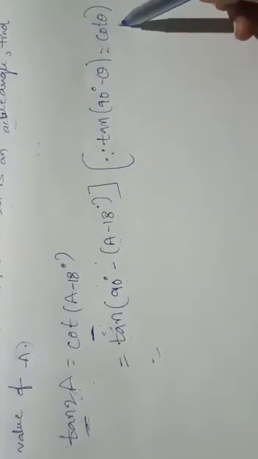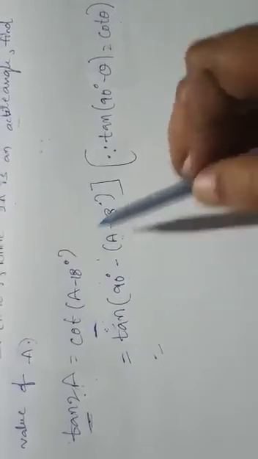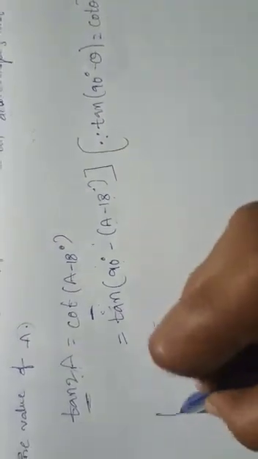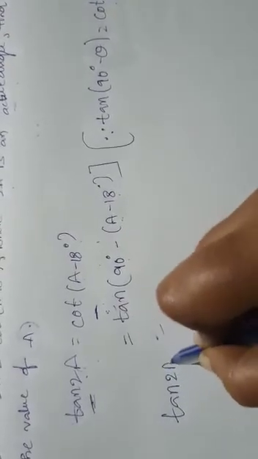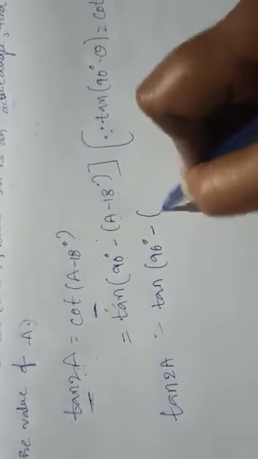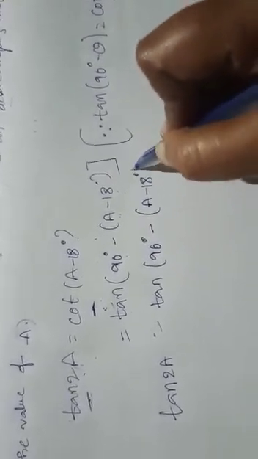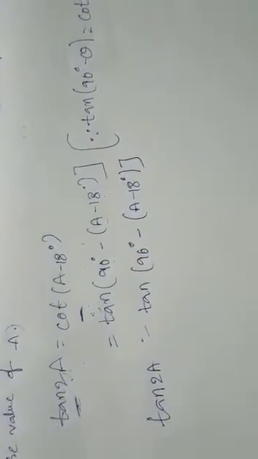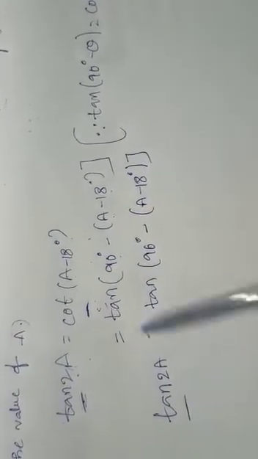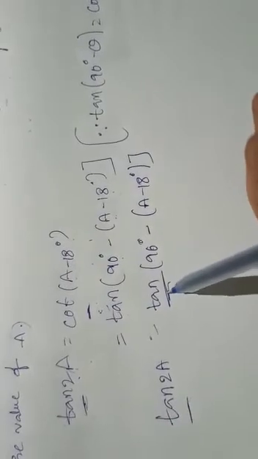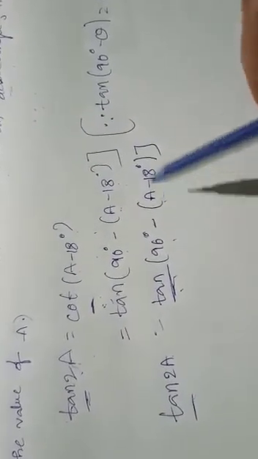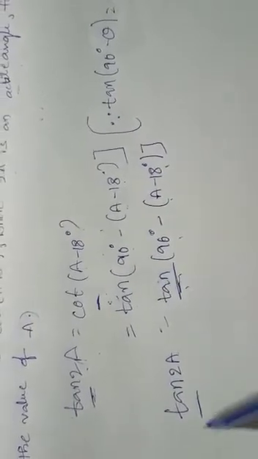So tan 2a equals tan(90 minus (a minus 18 degrees)). See here, left hand side tan, right hand side tan, same ratios.